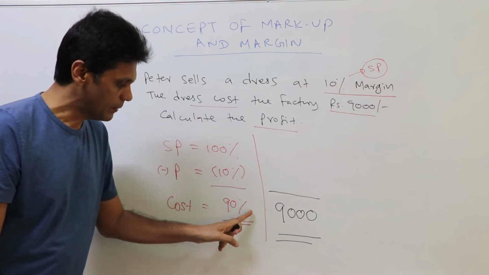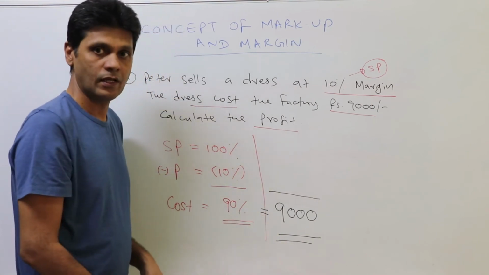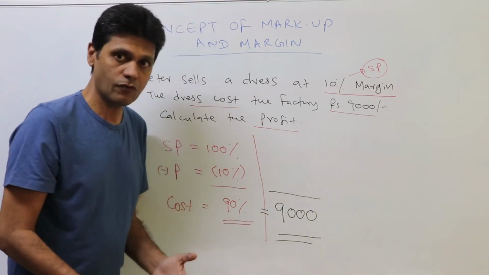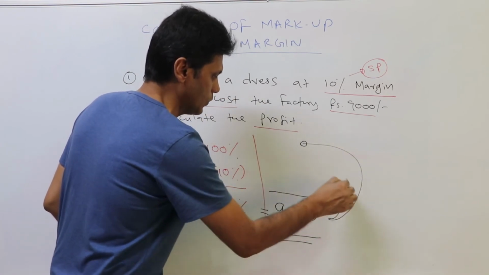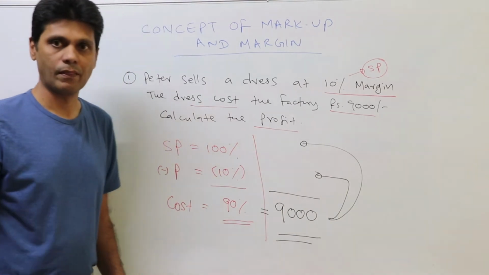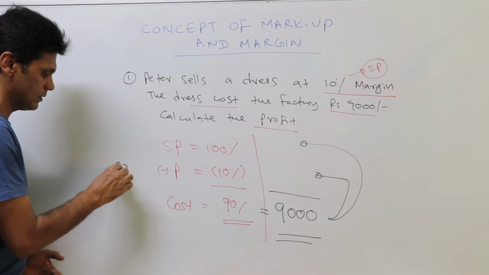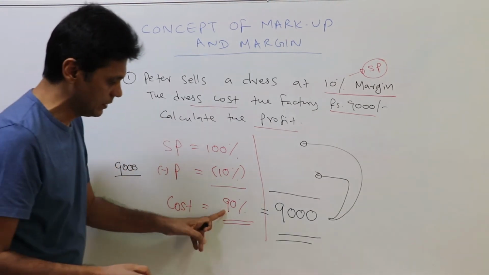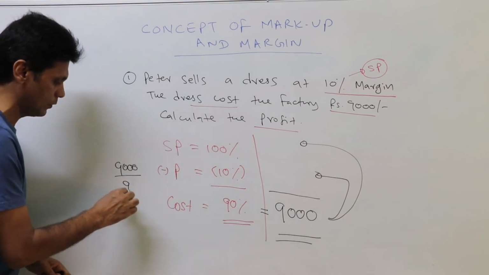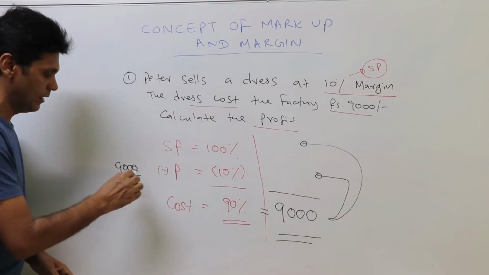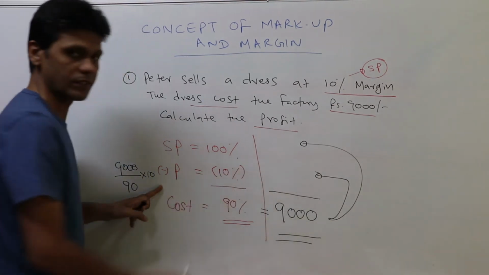If 90% is equal to 9,000, then it will be easy for you to identify the selling price and also the profit. To calculate: since 90% is equal to 9,000, you divide by 90 times 10 for the profit.